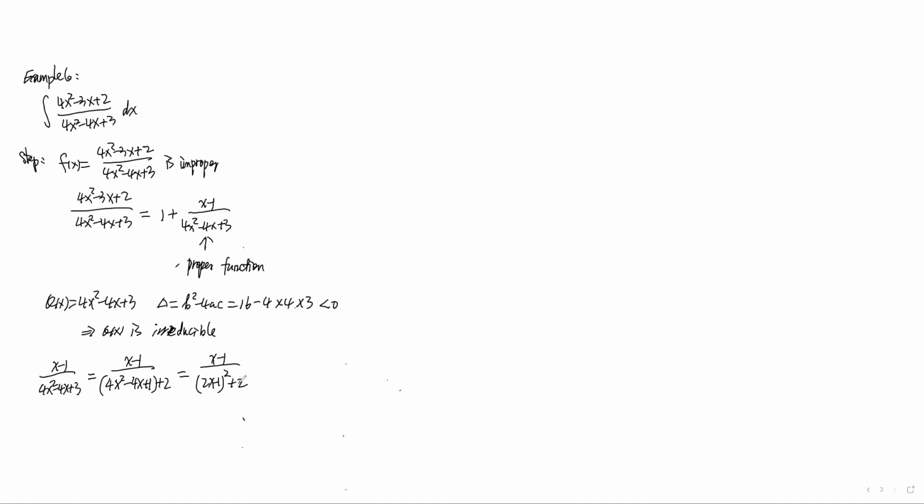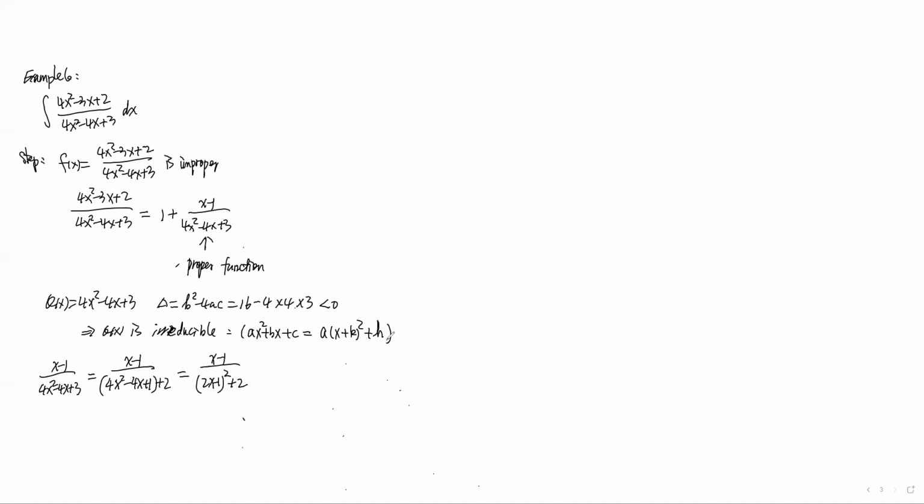This is a common trick. I think in high school, we know that ax squared plus bx plus c can be written in the completed square form a(x plus k) squared plus h. We studied that maybe in middle school, right?